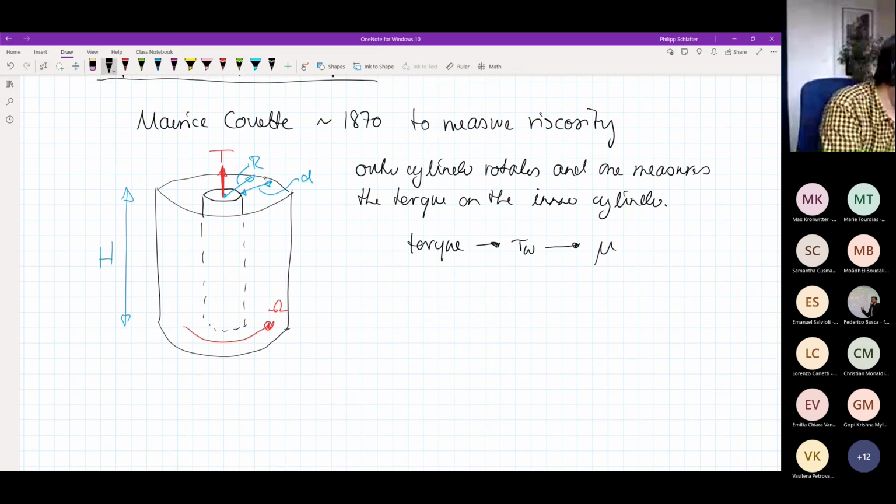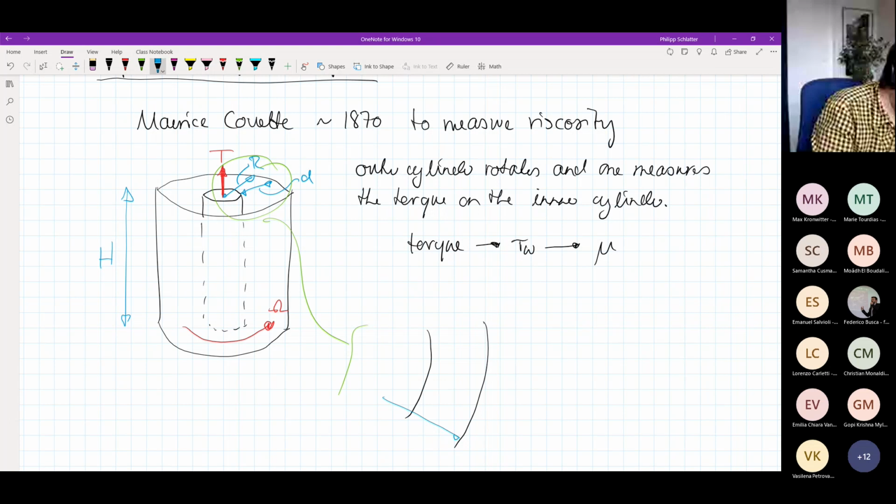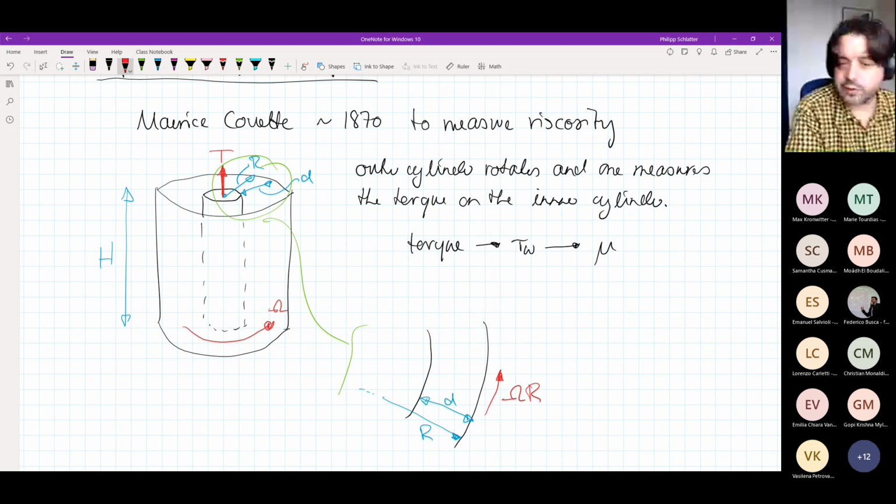If we do a blow up of this region, it would probably look like this. We have the inner cylinder and the outer cylinder. This distance here would be R, and the gap width between the inner and the outer would be d. Of course, the speed here from this omega would be omega times R.